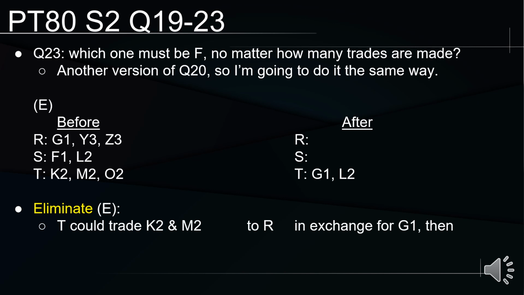T could trade K and M to R in exchange for G. So that's how T obtained G and got rid of K and M. And then it could trade O to S in exchange for L. So it can end up with G and L based on what it had to start with. So this definitely seems feasible. So we eliminated A, B, C, and E, so that leaves us only D, and we are satisfied at this point.